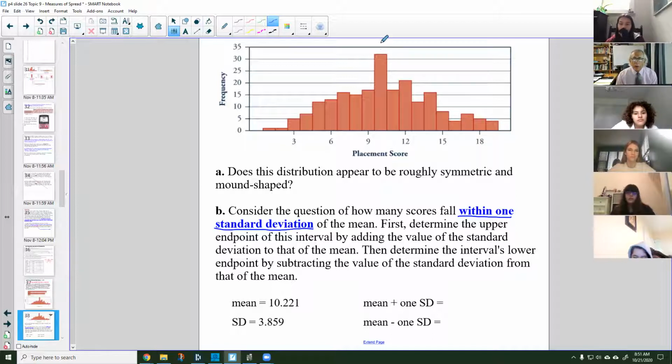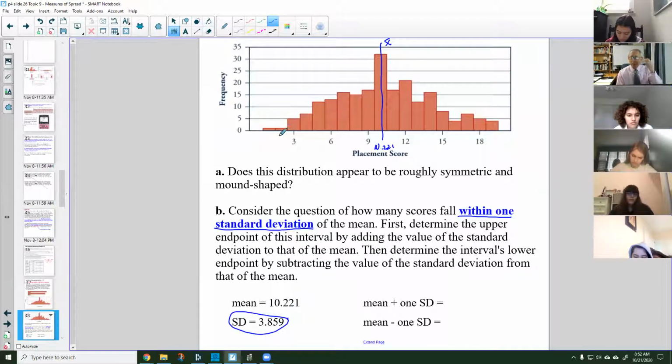The mean, I'm going to draw a line right about there, and I'm going to call that X bar, 10.221. And they're telling us that the standard deviation, that is the average amount that the data is from the mean, is 3.859.